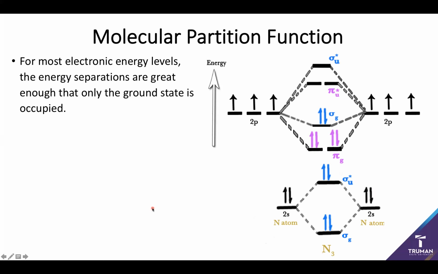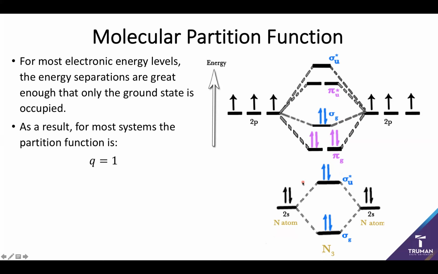This one actually turns out to be almost the easiest of the set, because when you're dealing with electronic energy levels, as found in nitrogen, most of our energy levels are greatly separated. Because these energy separations are fairly large, you're almost always going to find a molecule in the electronic ground state.